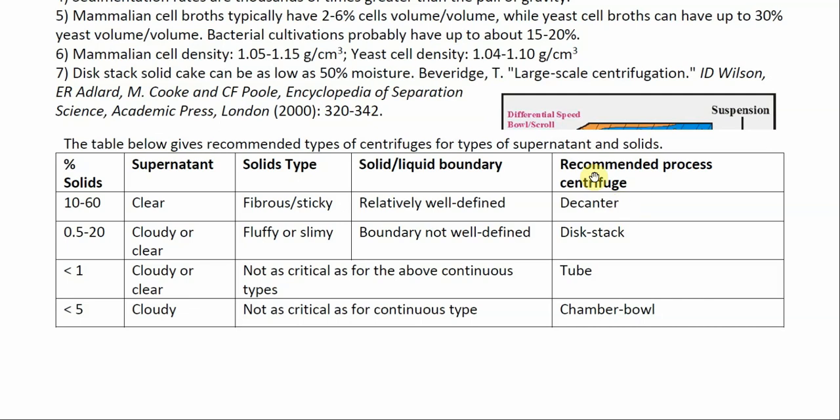That's one of those scrolling centrifuges that dump out all of your solids on the other end. If you have a lot of solids, and 20% is kind of a lot, that would be for a disc stack. If you have less than 1% or less than 5%, you'd be looking at a tube or a chamber bowl.